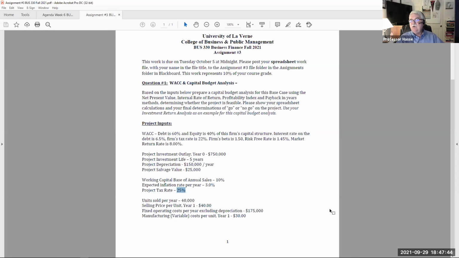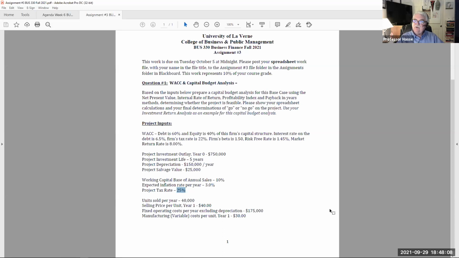The tax rate there, federal and state, is 25%. So because this is being built and managed in Nevada, it has a different tax rate. Does that make sense? So that's something you have to watch out for.